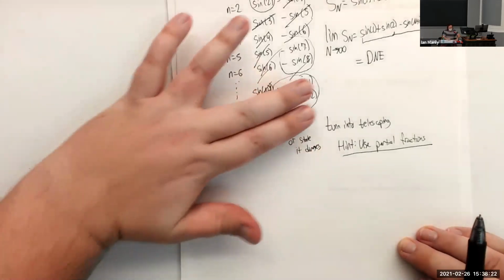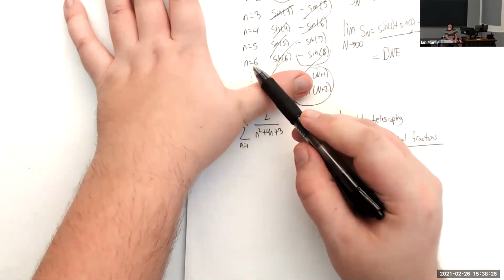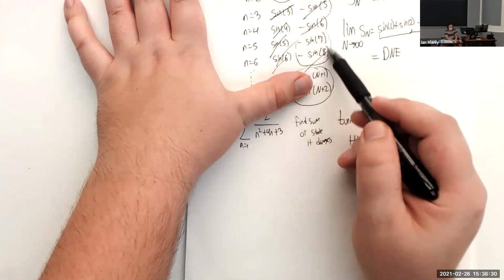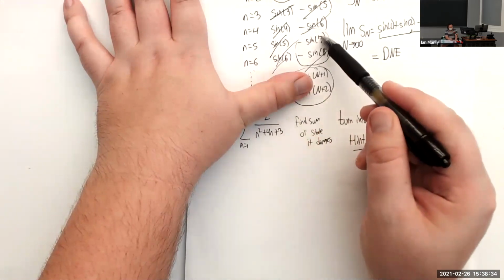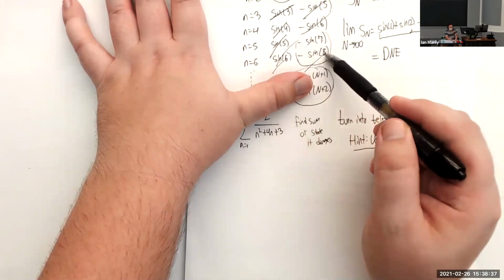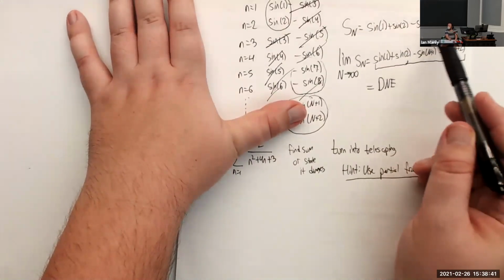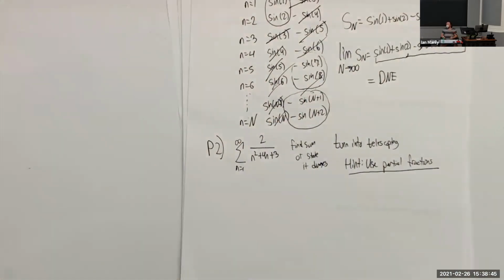Back in the sine example, we stopped at n equals 6, right? So the sine of 6 canceled out, and then we had sine of 7 and sine of 8 left over. So our n value was 6, and these were 1 bigger than our n and 2 bigger than our n. That's how we ended up with this up here. So once you think you understand the pattern, look at what's left over and try to find a relationship.